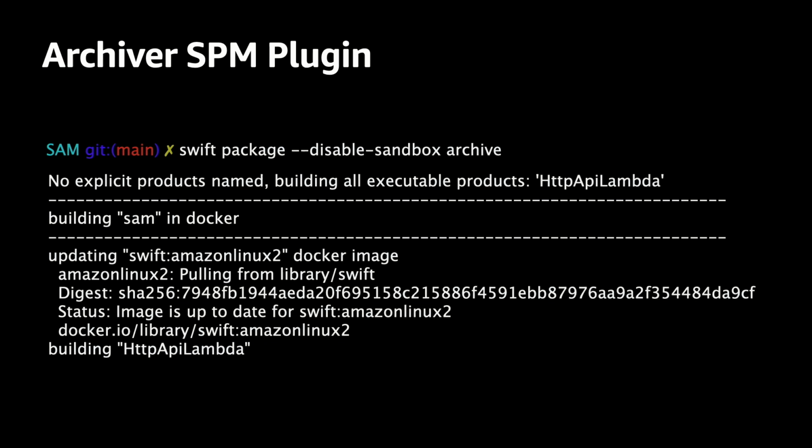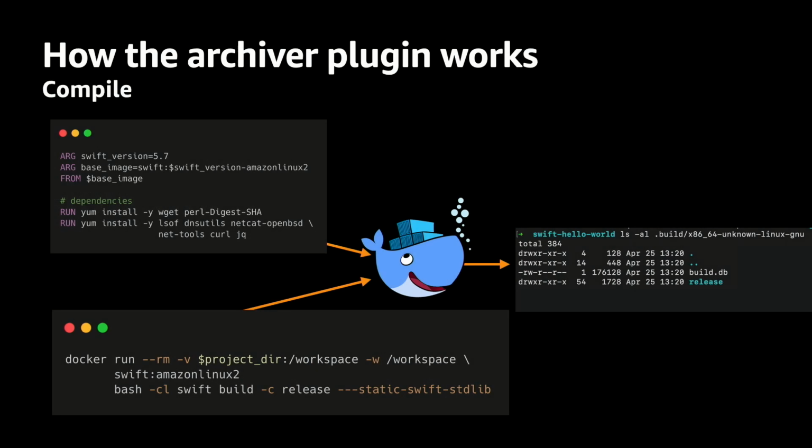So inside the Lambda runtime provided by Apple, they added one SPM plugin called archive. So I can type the command swift package archive, and it will prepare the zip file for me. I will explain the disable sandbox in a minute. So what does it do behind the scenes?